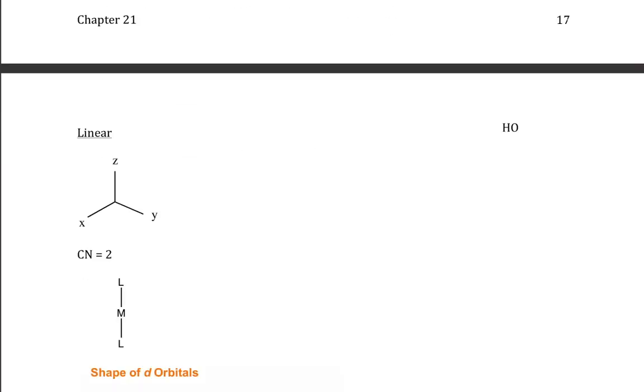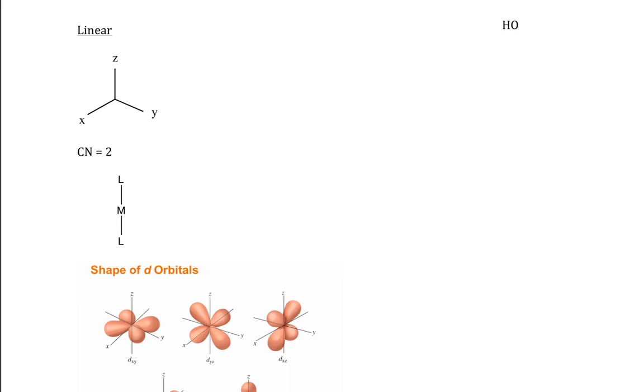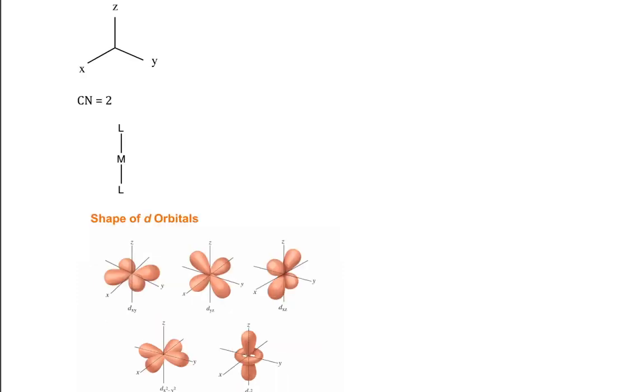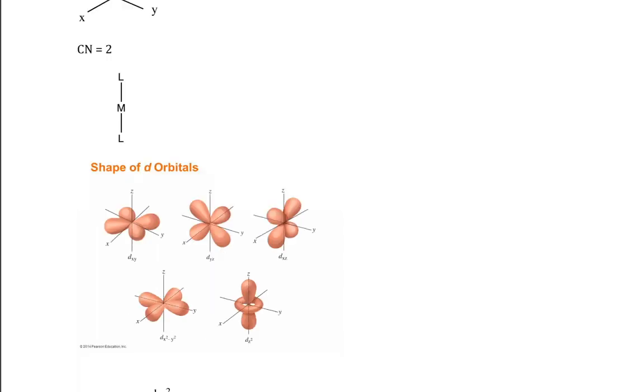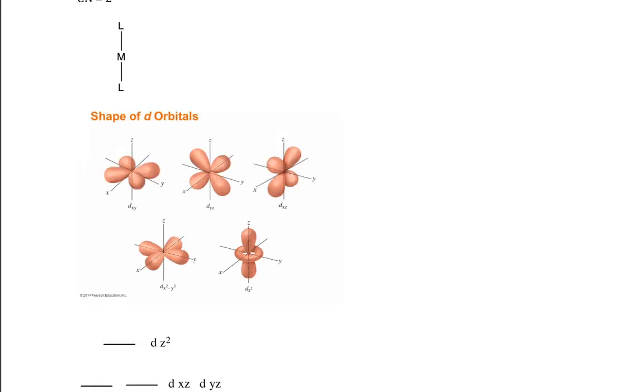Our last shape is linear. Coordination number is 2, and there we have a ligand above, a ligand below the central metal. So we compare that shape to the shapes of the d orbitals, and we see that the one most affected would be that dz squared, so that's at the highest energy.